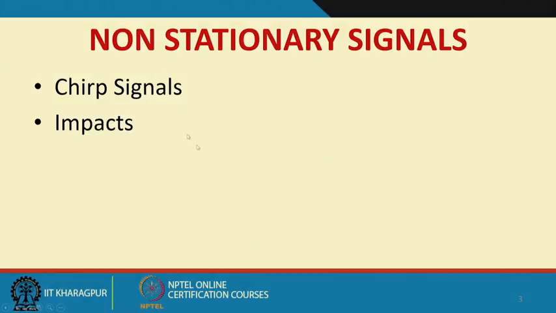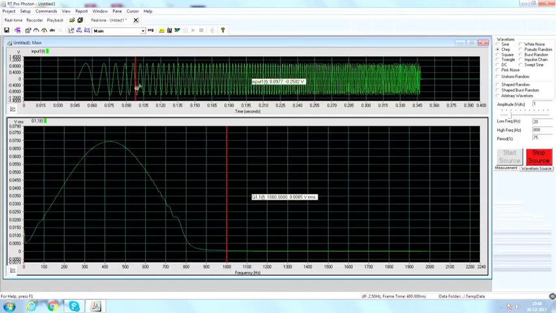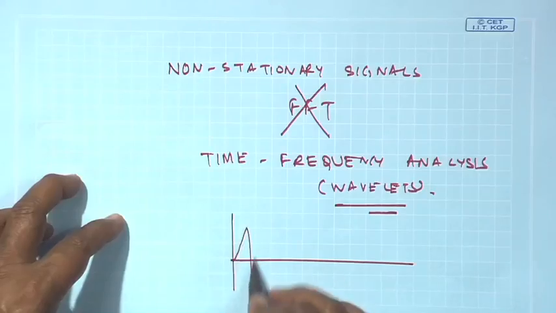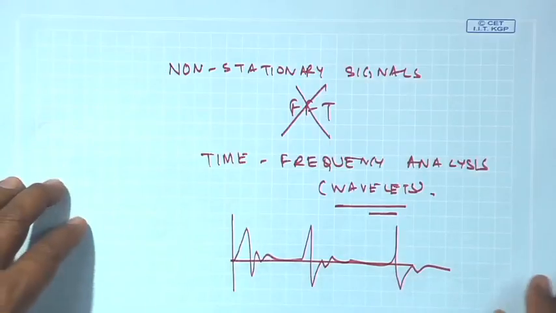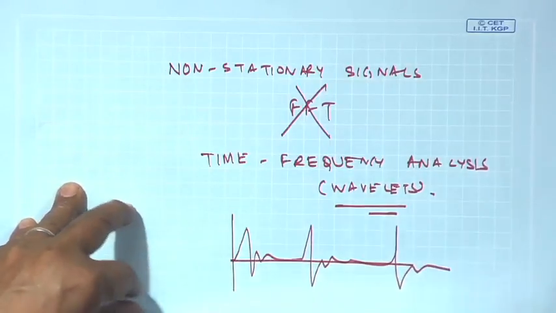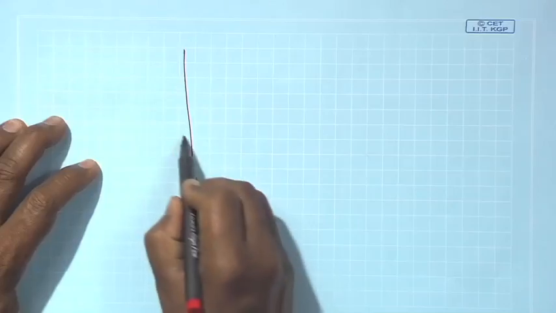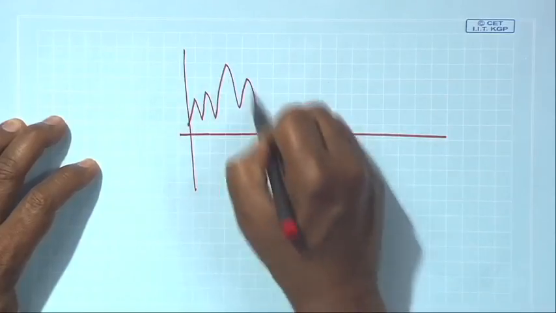I had shown you certain non-stationary signals, like a chirp signal, which we have on the screen here, or an impact where I had changed the duty period. And a real world signal from a machinery is actually a combination of all these.